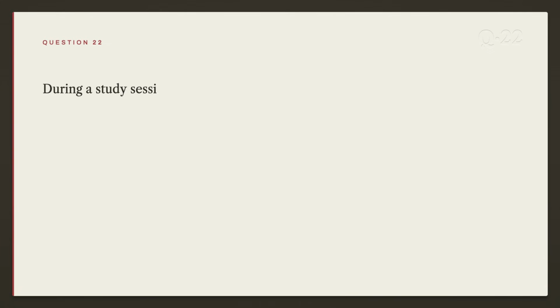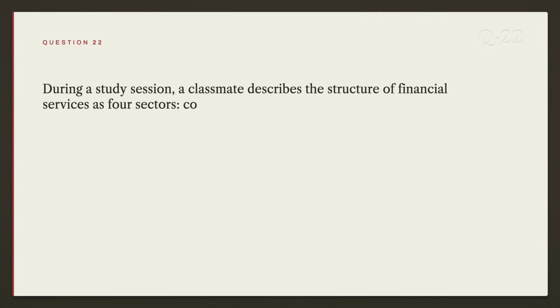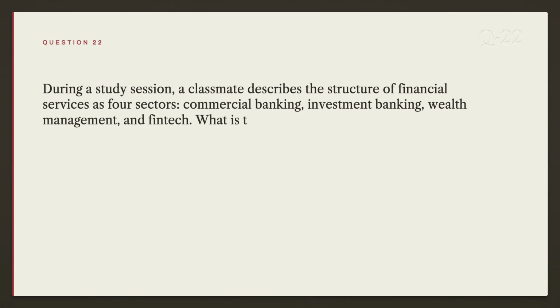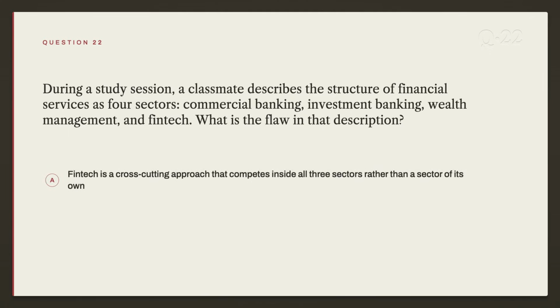Question 22. During a study session, a classmate describes the structure of financial services as 4 sectors: commercial banking, investment banking, wealth management, and fintech. What is the flaw in that description? Your options are: A. Fintech is a cross-cutting approach that competes inside all 3 sectors rather than a sector of its own.